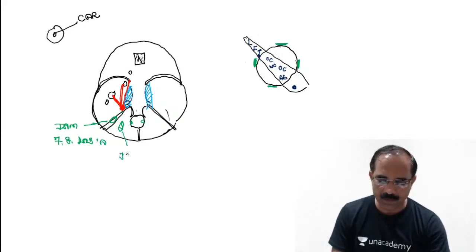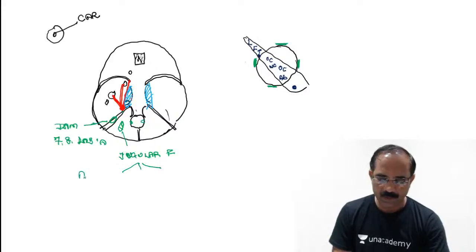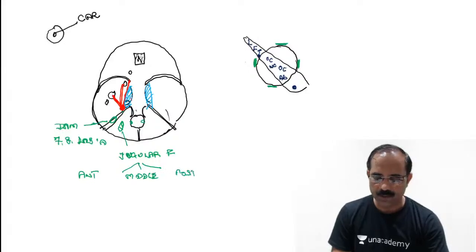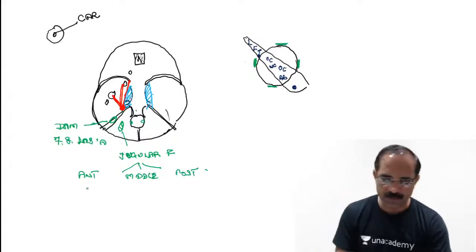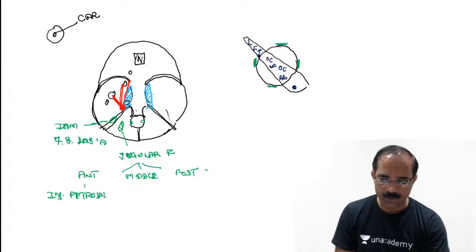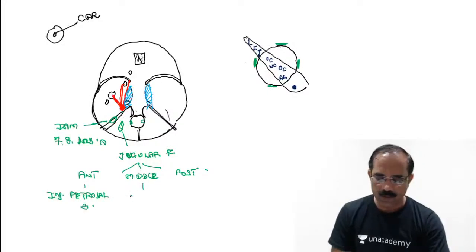What is this foramen? Jugular foramen. And the jugular foramen has got 3 compartments: anterior, middle, and posterior. What passes through the anterior compartment is the inferior petrosal sinus.